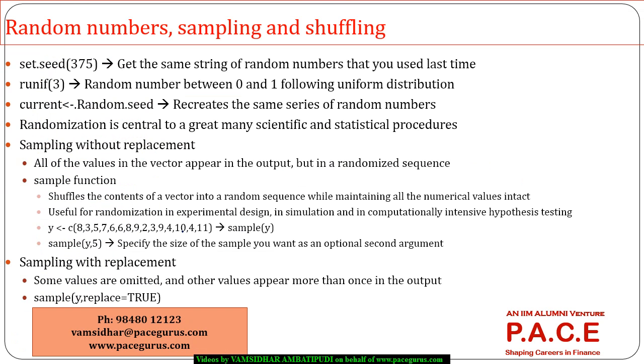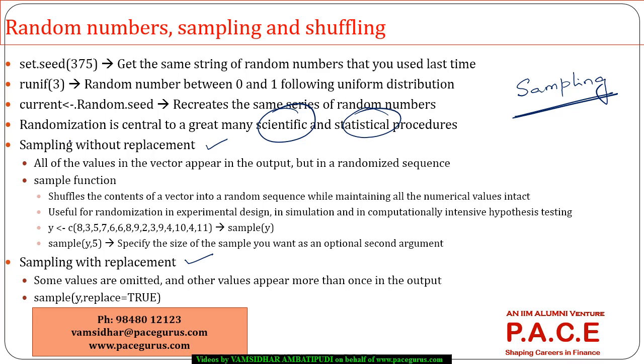So especially if I have to create random numbers, because we will be using random numbers very heavily in many scientific and statistical procedures. Even as a part of sampling, we would be using random numbers quite heavily. If I am looking at the sampling process, we have two different samplings, though we will deal with them in more depth at a later point.